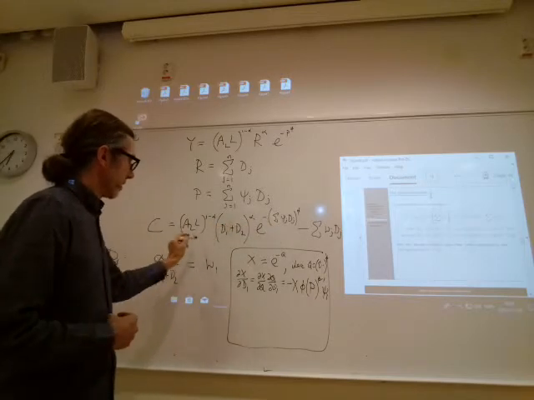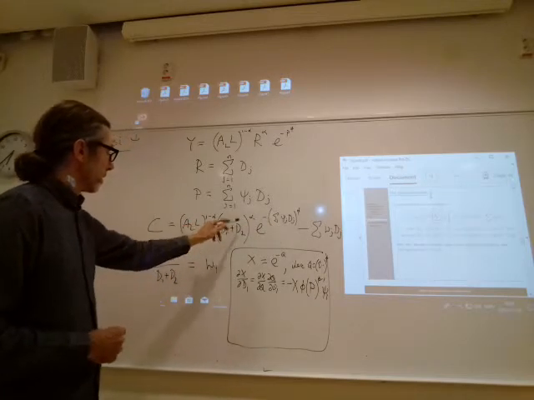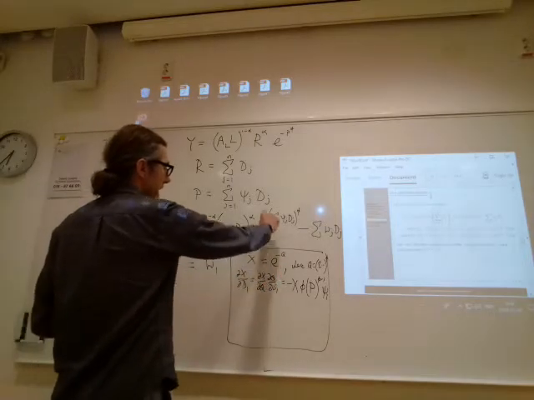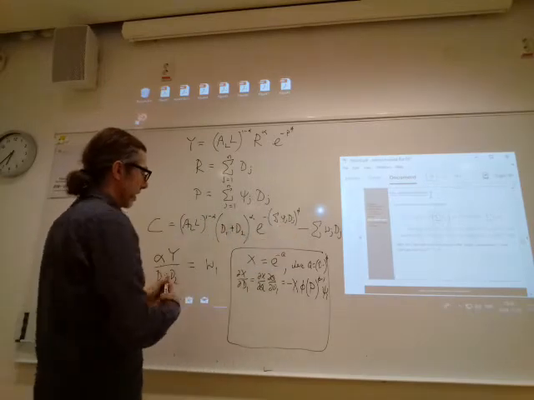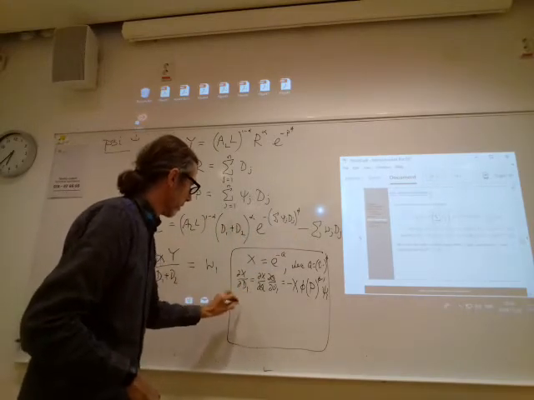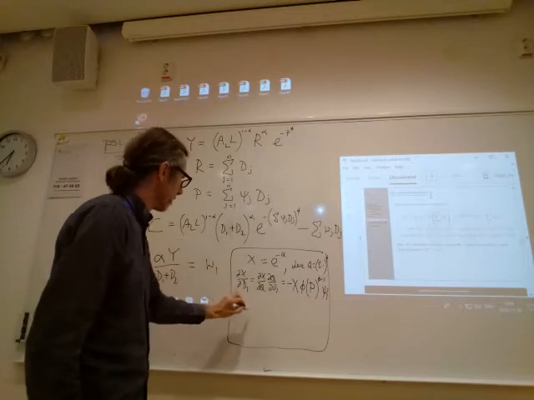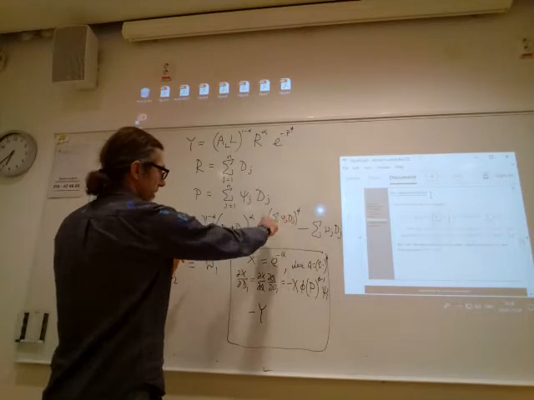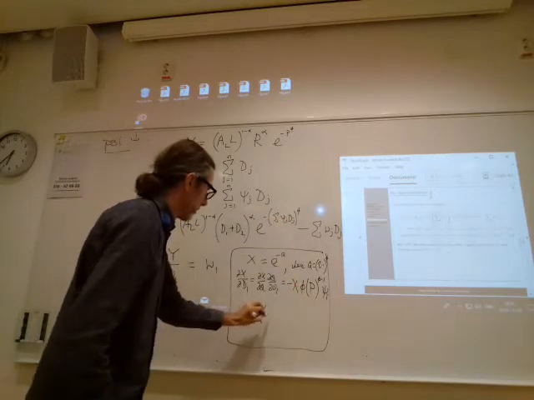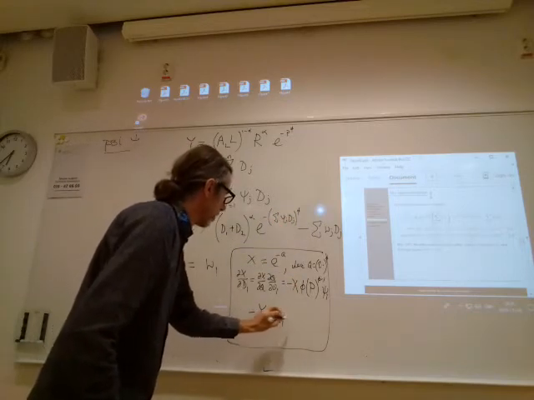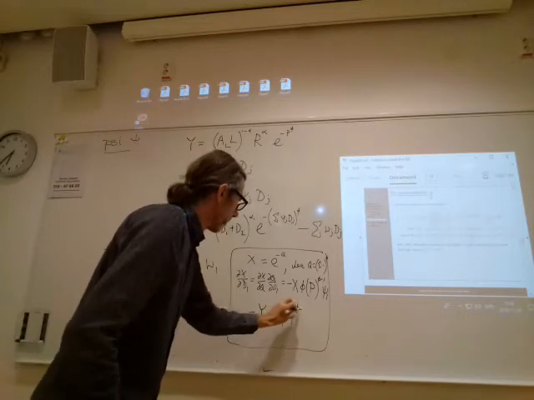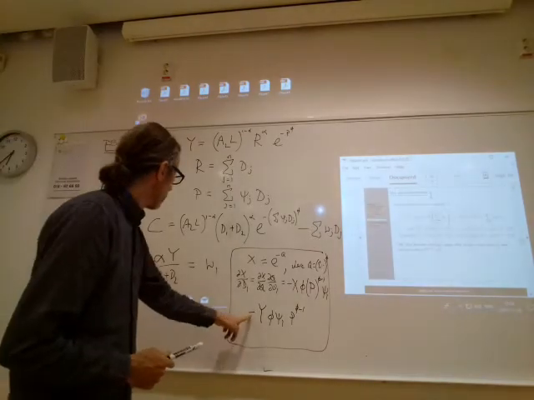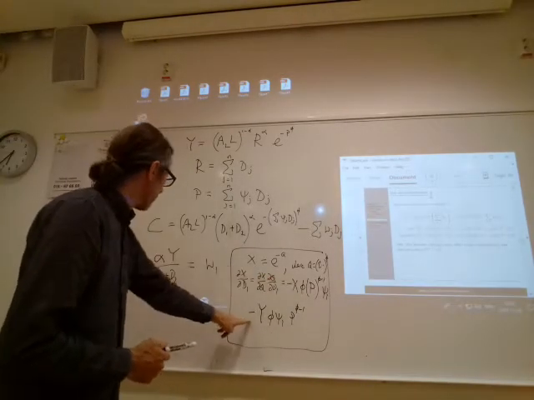But then it's times this lot. And x is just this, times this. So we end up with the full result is minus y, which is this times this, times phi psi 1 p to the phi minus 1. Okay, and then we're going to take it over and the minus sign will disappear.